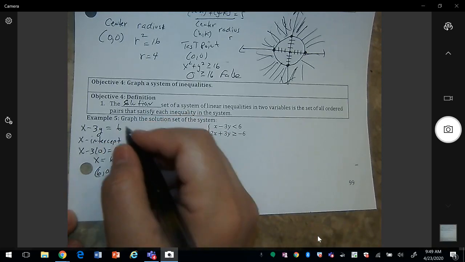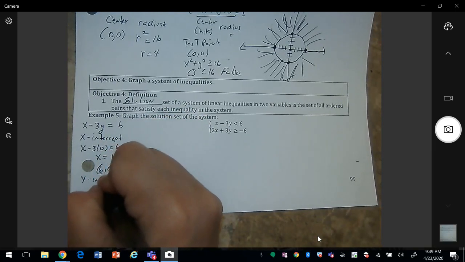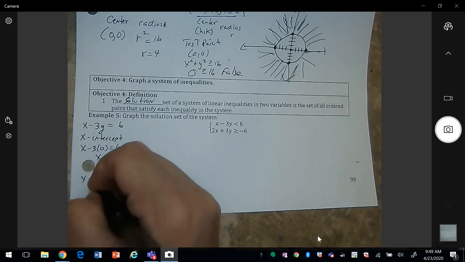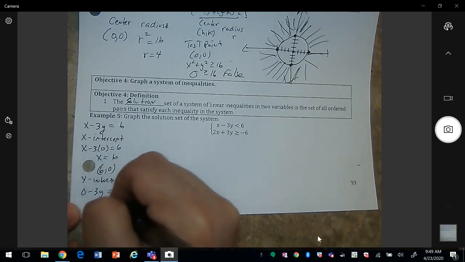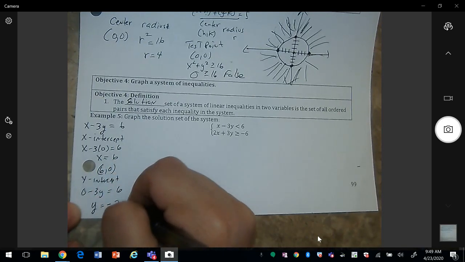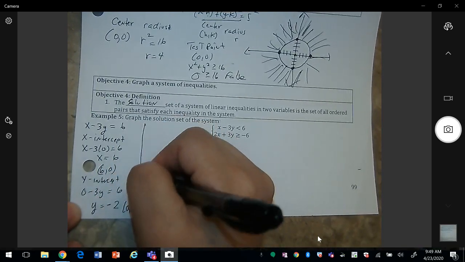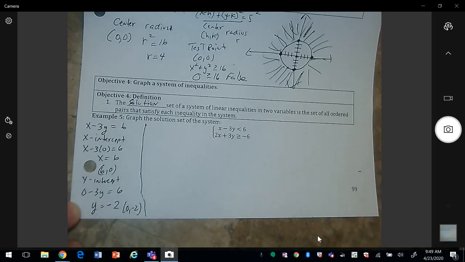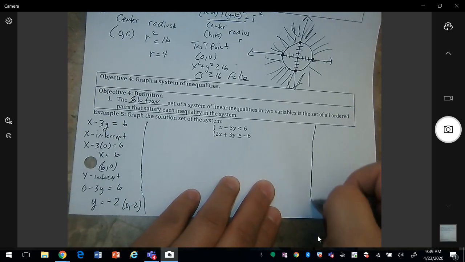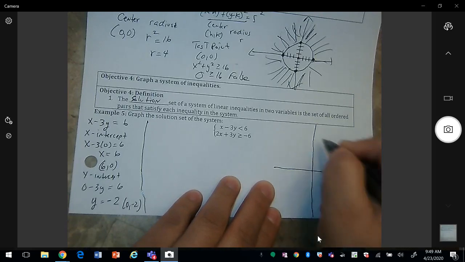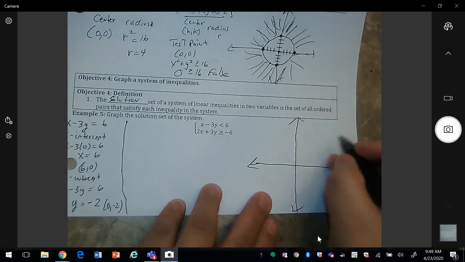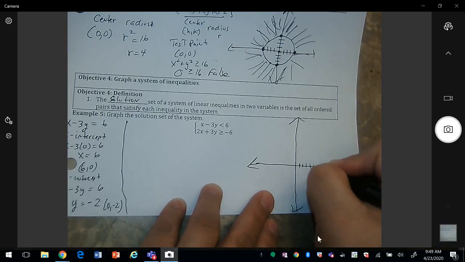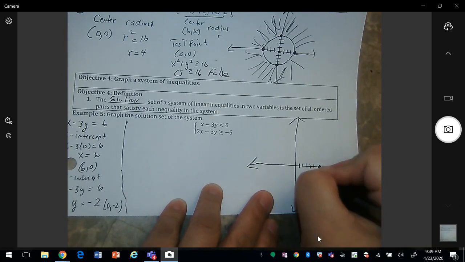And then I'm going to use the y-intercept. That means x is 0. So here y would give me a -2. So that's for my first line. Then I'm going to go ahead and plot this line. So we have 6, 0, and 0, -2.